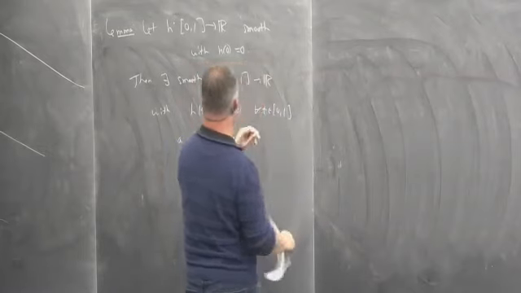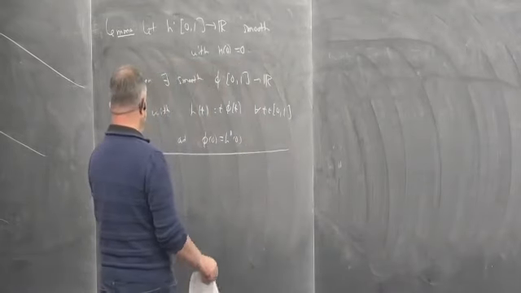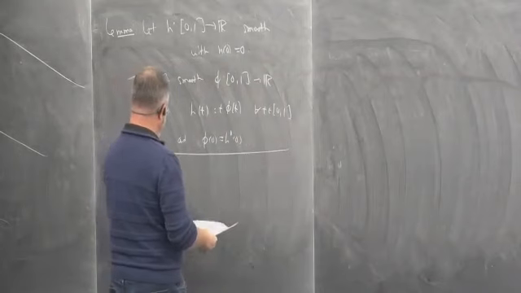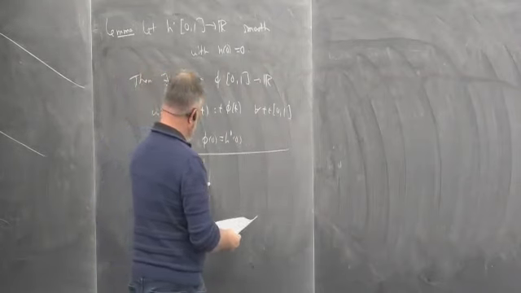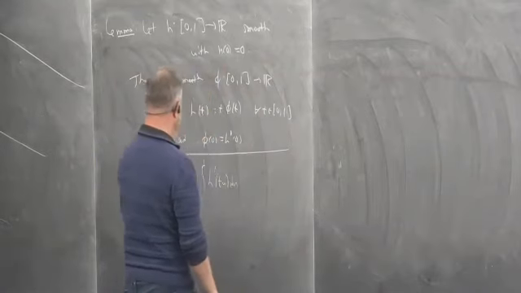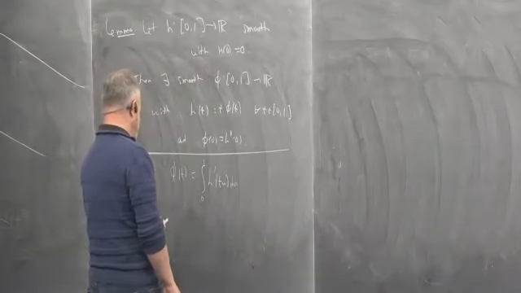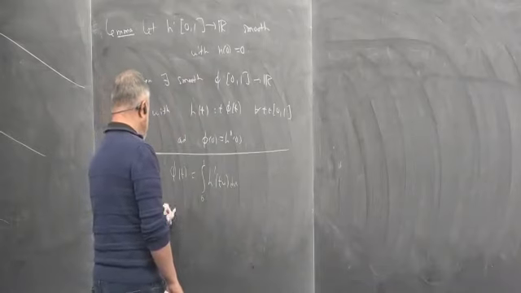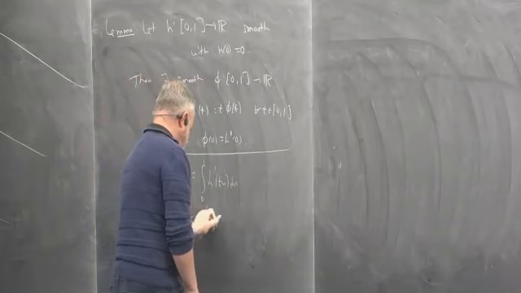I'm going to have to use this twice in the proof of the index lemma. So why is this true? This is trivial. Let's define phi of t to be the integral from 0 to 1 of H prime of t u du. If I do this, this is certainly smooth because H is smooth and I'm taking an integral. Then t times phi of t, I can bring the t inside.